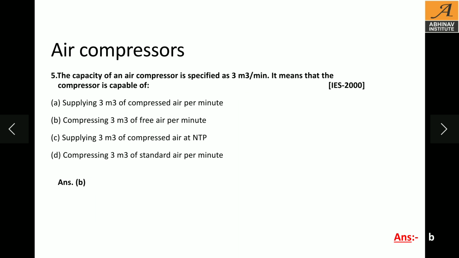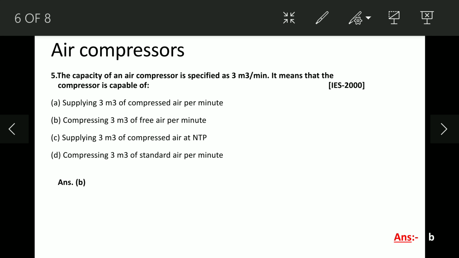Next question. The capacity of an air compressor is specified as 3 meter cube per minute. It means that the compressor is capable of, four options are given: supplying 3 meter cube of compressed air per minute, compressing 3 meter cube of free air per minute, supplying 3 meter cube of compressed air at NTP, compressing 3 meter cube of standard air per minute.